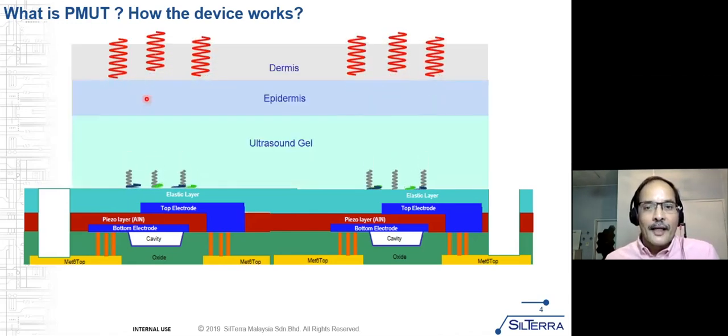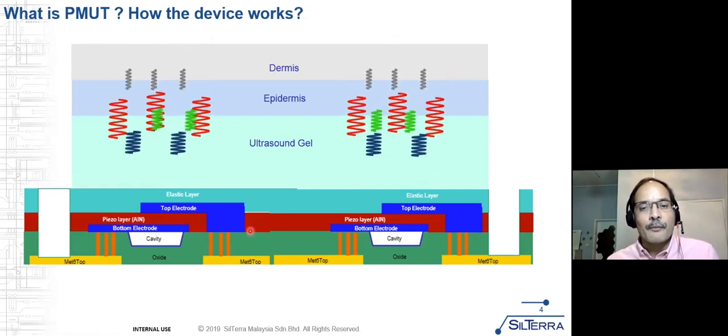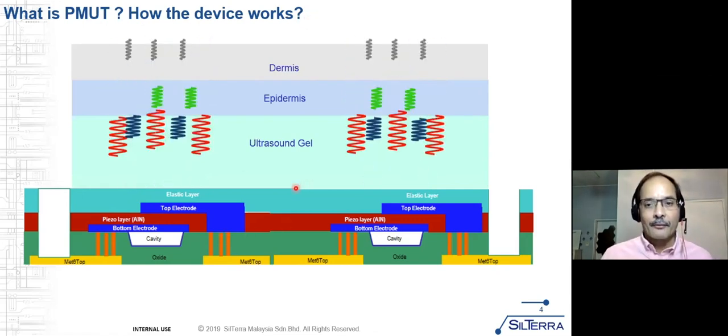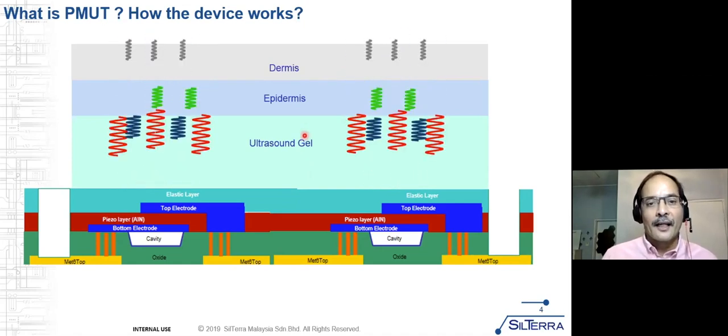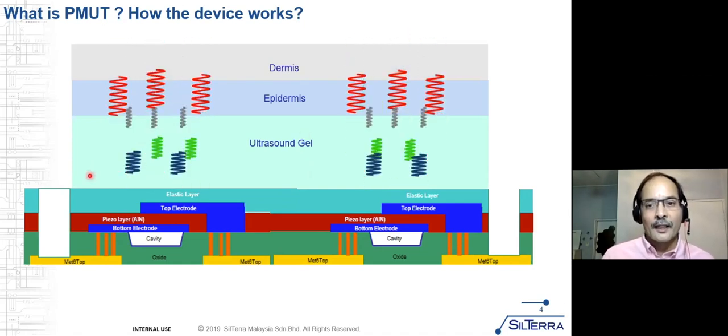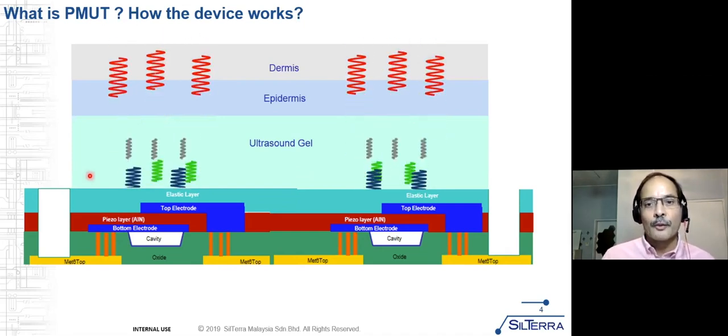Based on the end application, our customers coat these PMUT cells with, for example, in the case of an ultrasound scan, gel, and then the ultrasound has to penetrate through that ultrasound gel, and then the epidermis and the dermis, which is human tissue.